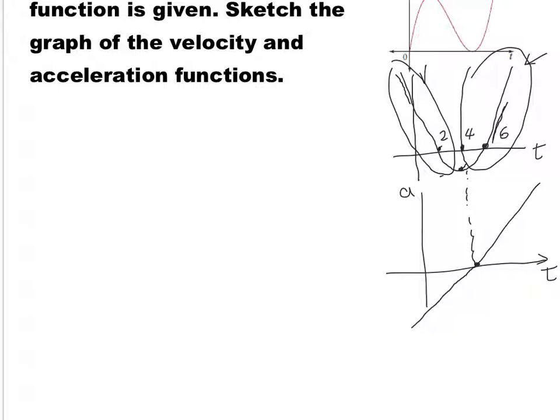Now we are going to check the graph and decide in which interval the object is speeding up or slowing down. Remember what we said before, that when a of t times v of t is greater than 0, then it's going to speed up, and when a of t times v of t is less than 0, then it's going to slow down.